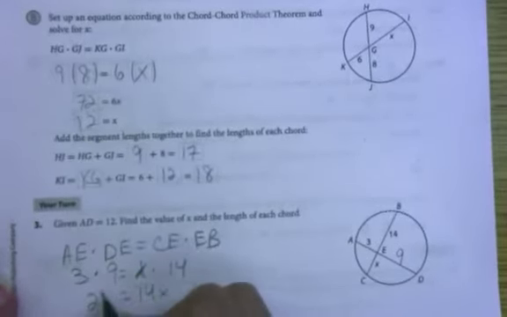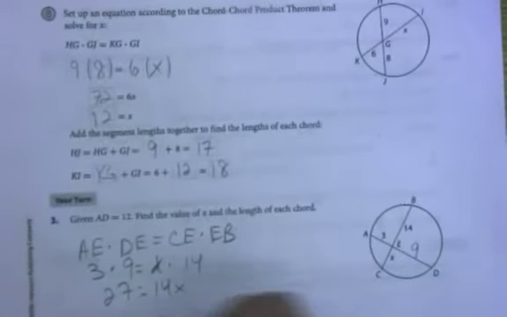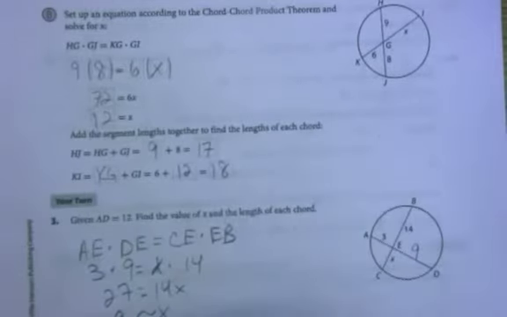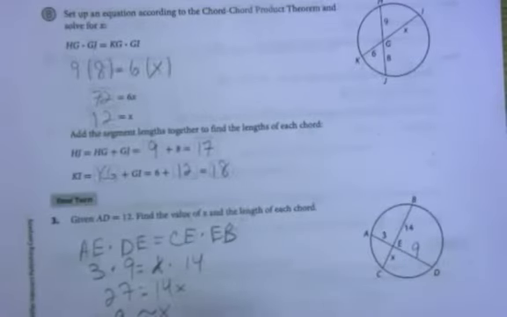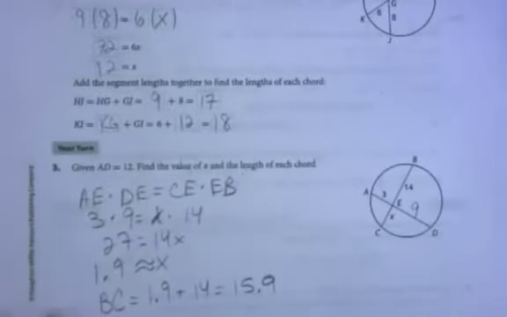So 14x equals 27, and yuck, when I divide both sides by 14, x is approximately 1.9. So I already know that the length of AD is 12. The length of BC will be 1.9 plus 14, so it'll be approximately 15.9.